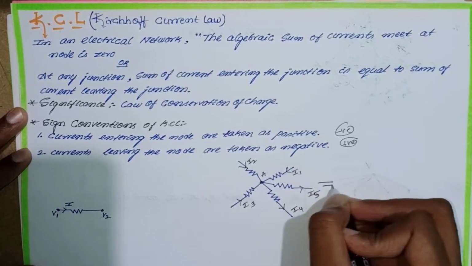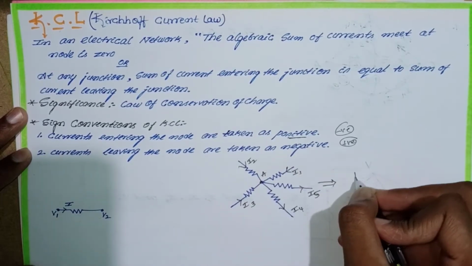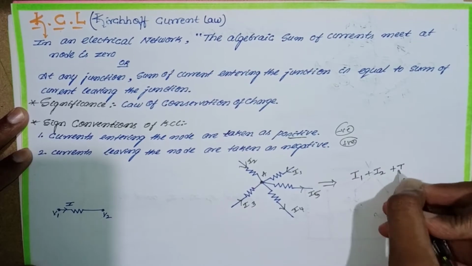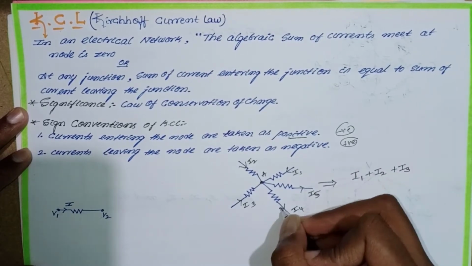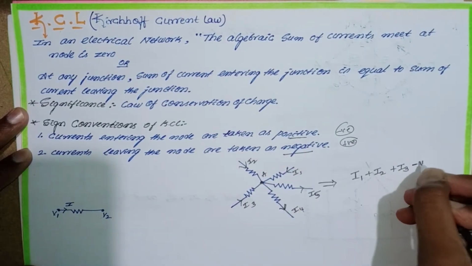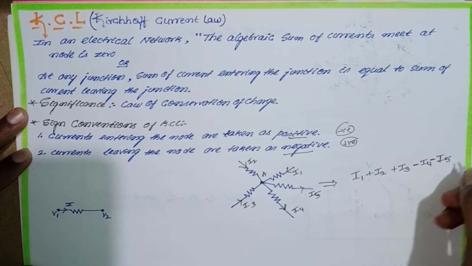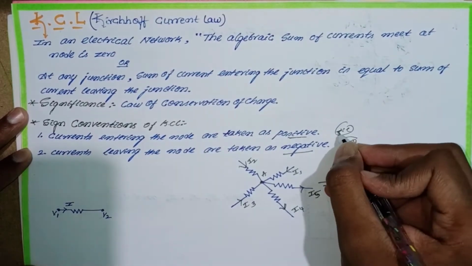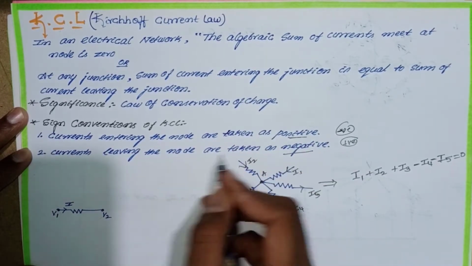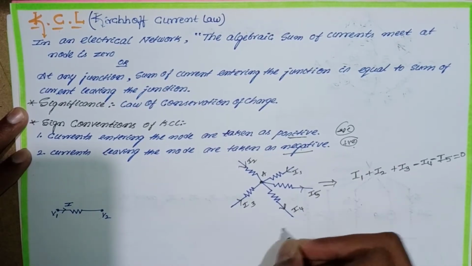This may be written as: entering the node is positive, I1 plus I2 plus I3, leaving the node is negative, so you put a negative sign, minus I4 minus I5 is equal to 0. I will prove it when entering the node is taken as positive and leaving the node as negative, and also the opposite.